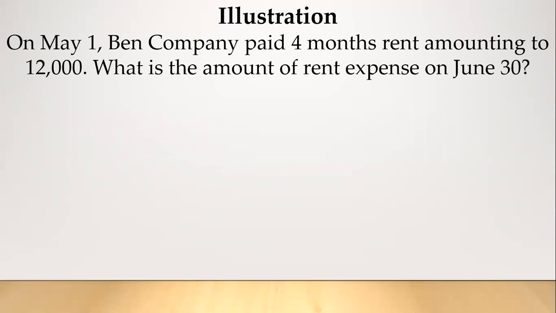This scenario is unusual, because the recommendation is to record the adjusting entry at the end of every month. In this case, this company did not record the adjusting entry for the prepaid rent at the end of May 31.